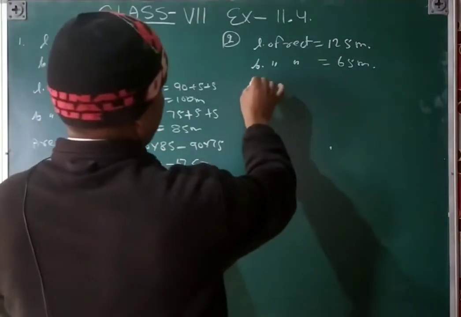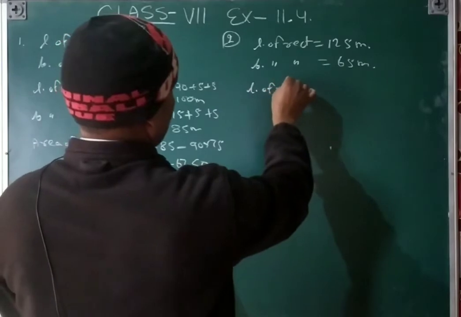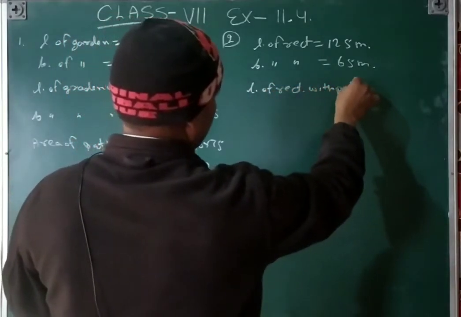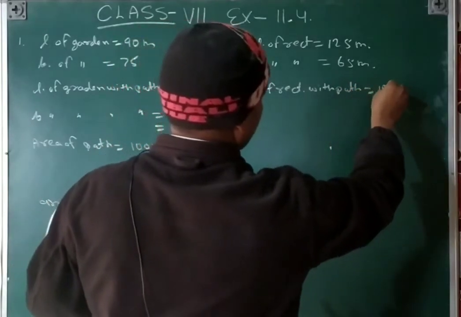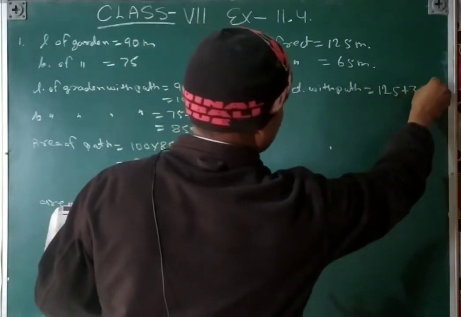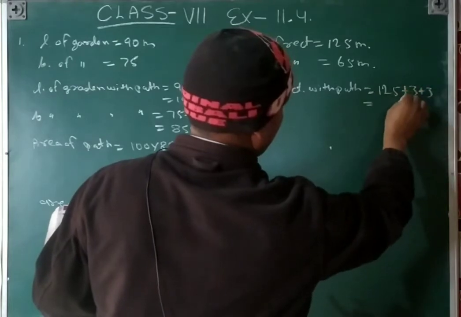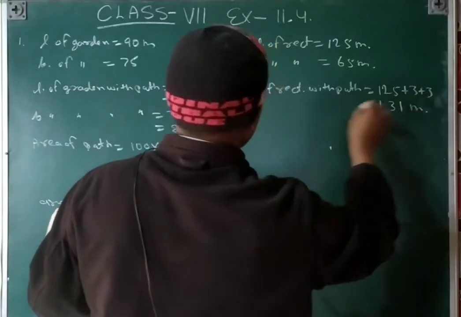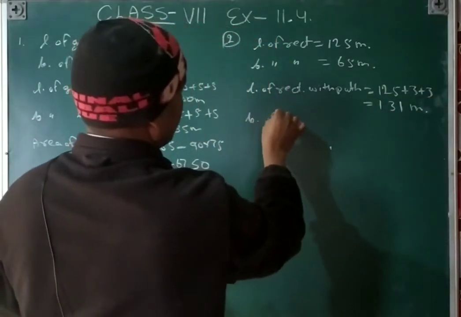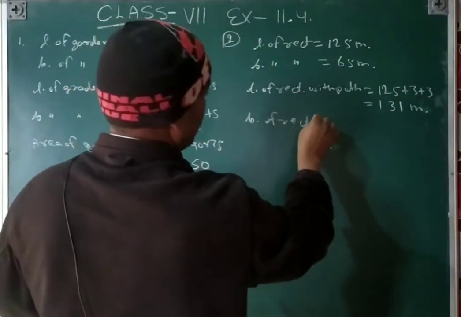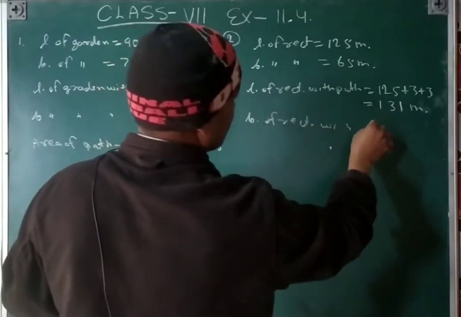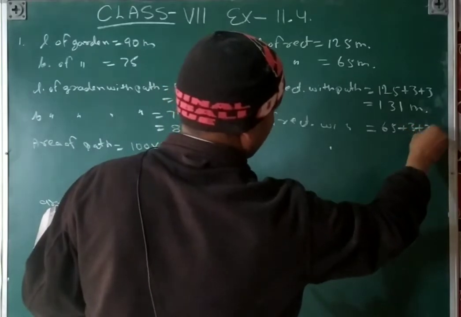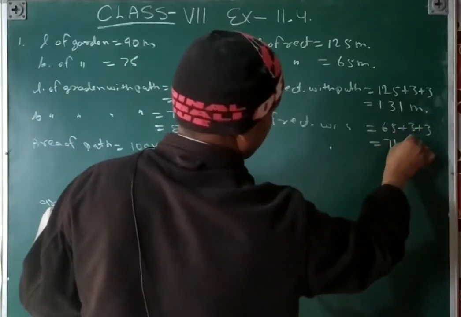Outside, it means length of rectangle with path is equal to 125 plus 3 plus 3 for both sides, that is 131 meter. And breadth of rectangle park with path is equal to 65 plus 3 plus 3, both sides, that is 71 meter.